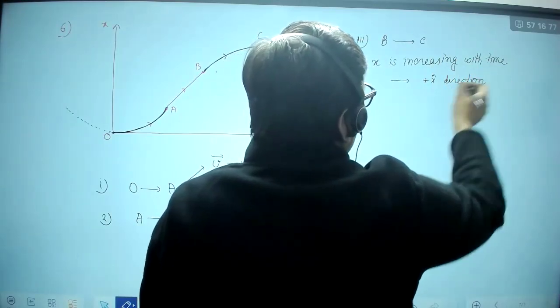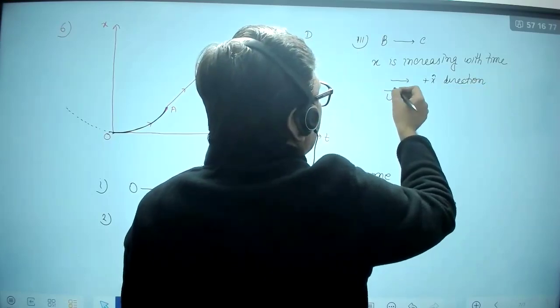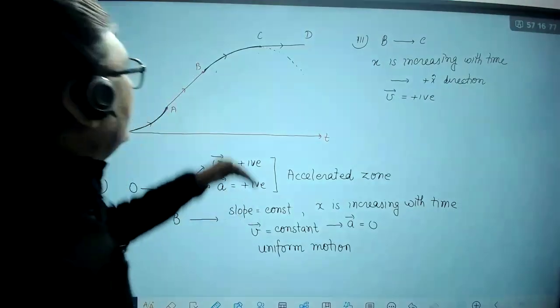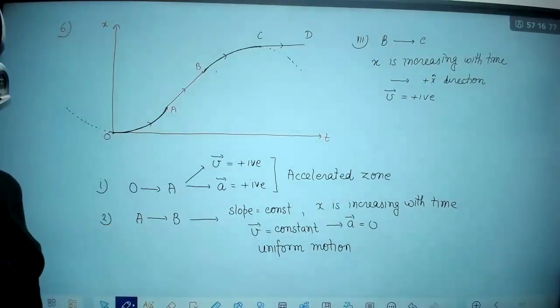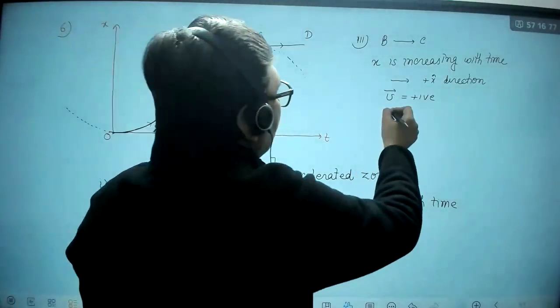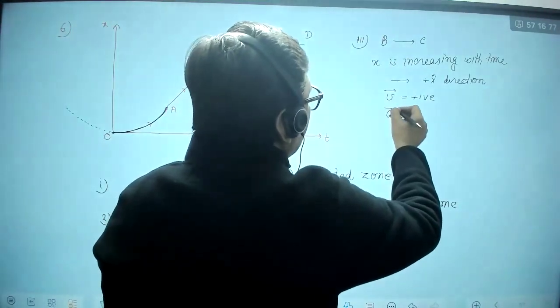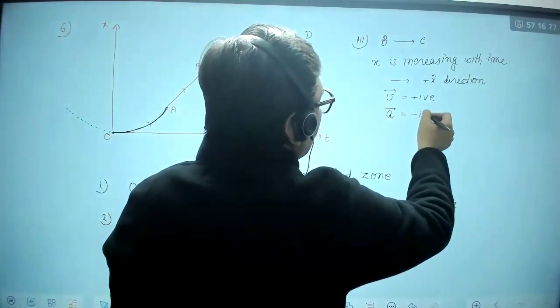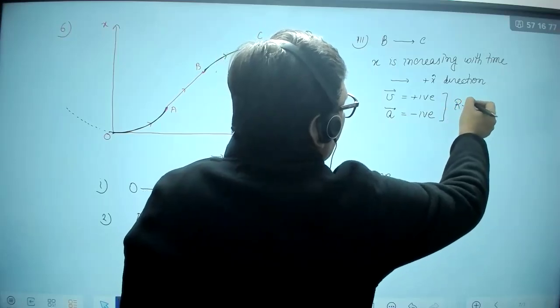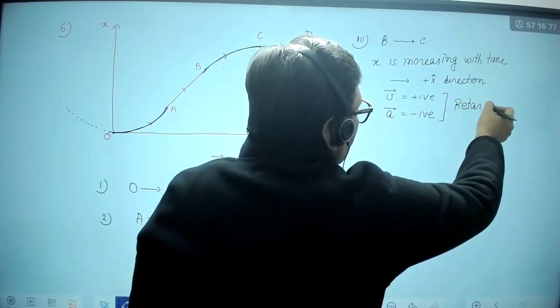That is fixed. Okay? So velocity is positive. It is opening in the downward direction, so the radius of curvature is negative, so A is with a minus sign. One is positive, one is negative. This is a retarding zone.